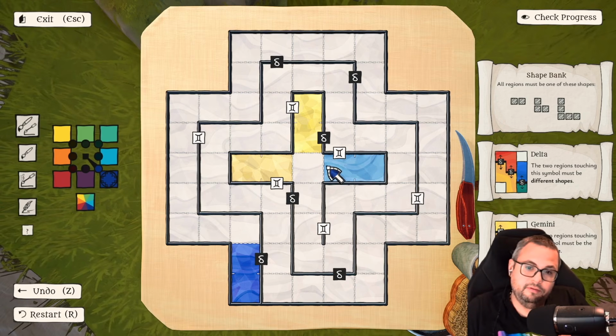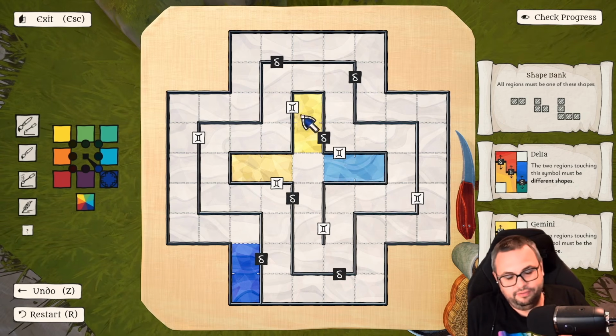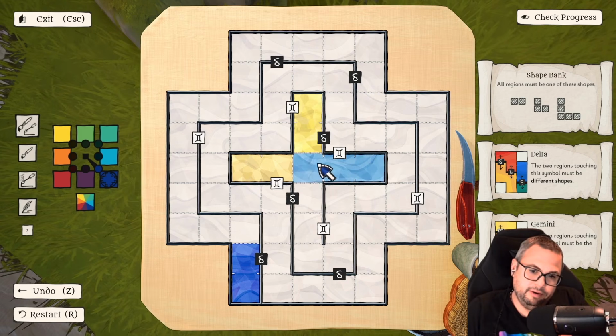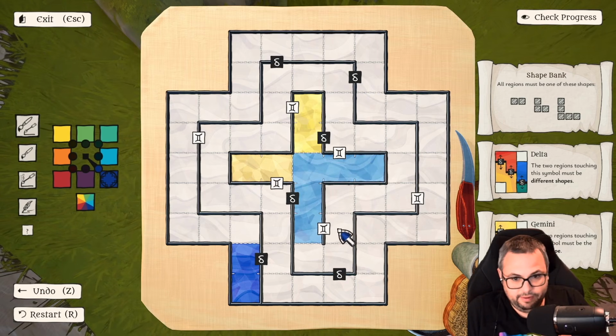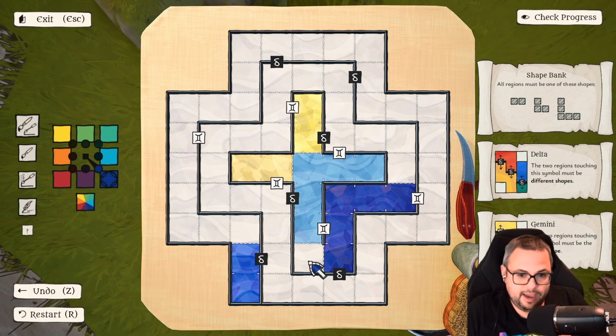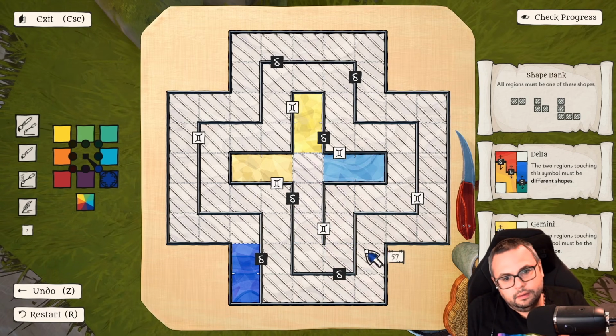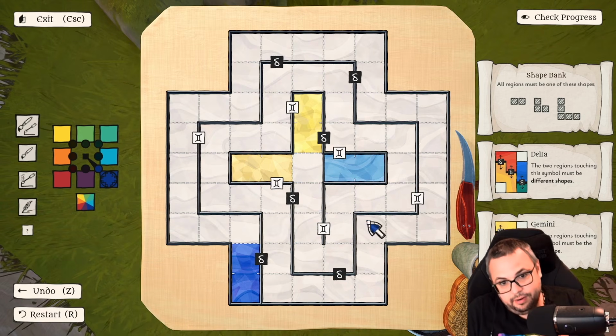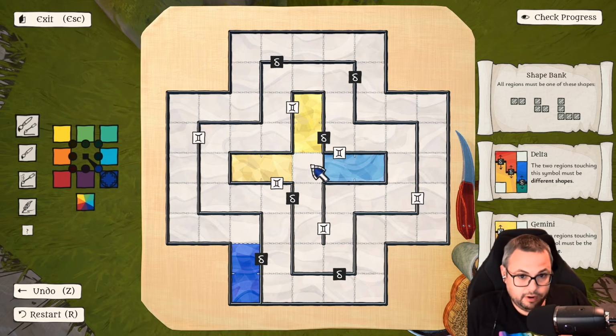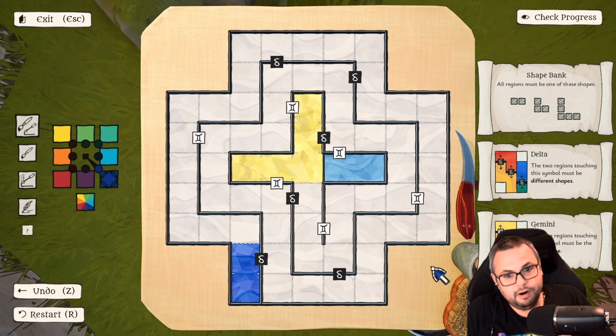Because if blue is part of a V, remember, it's not part of this V, and if blue goes down, so let me just show you, if blue goes down like this, now it has to be part of a V. It would have to look like that, but now this cell's isolated. So blue is the domino, yellow is the one that's a part of a V, and the only V it could be part of is that one.